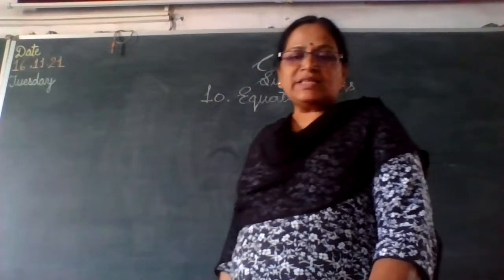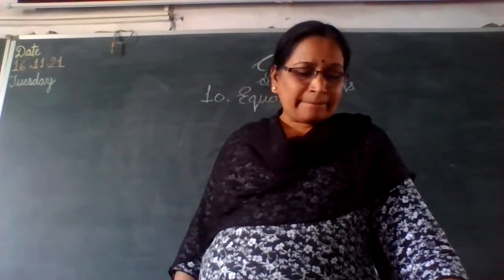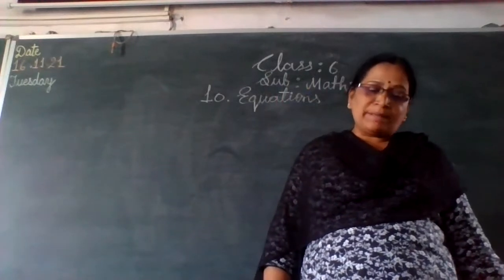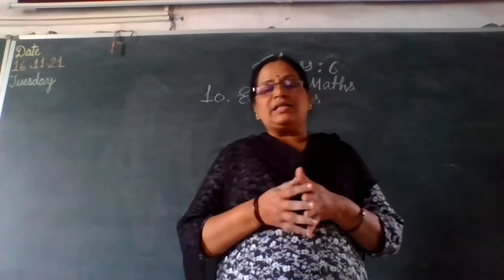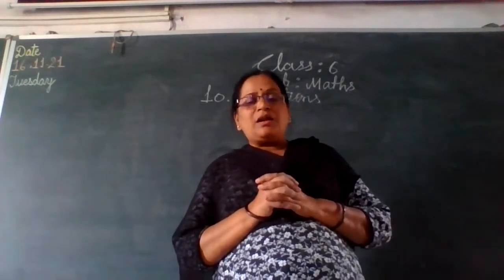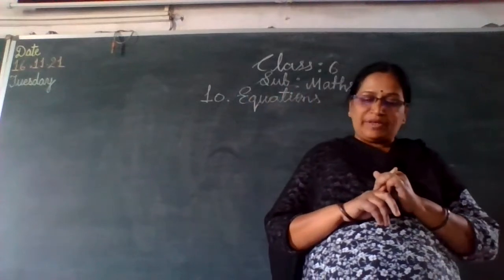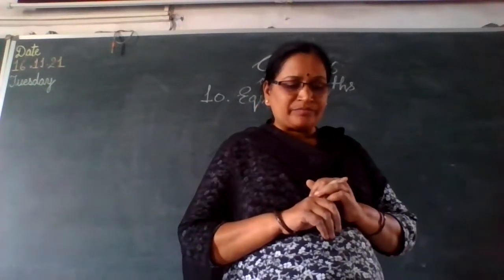Now the other branch is algebra. What is algebra? In algebra we use letters to represent the unknown quantities, along with the numbers and the four fundamental operations, and this branch is known as algebra.